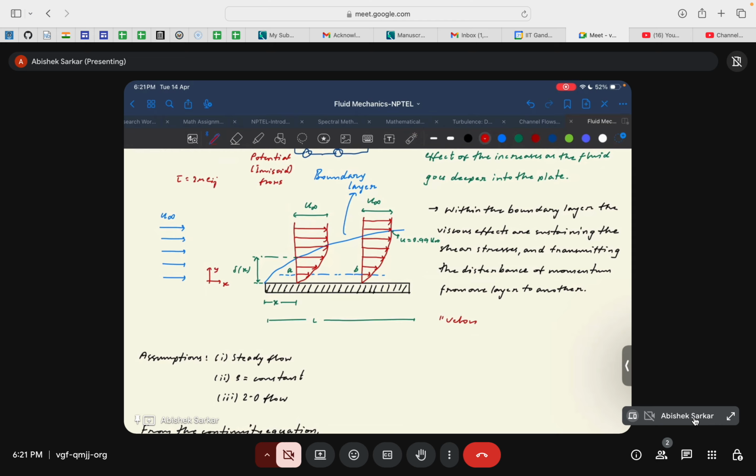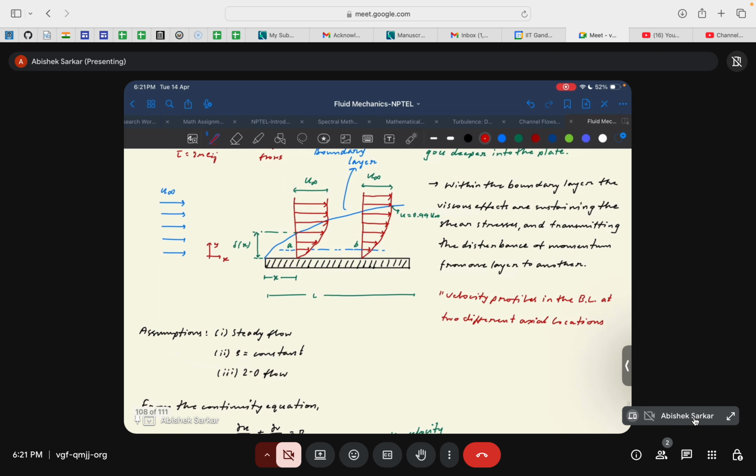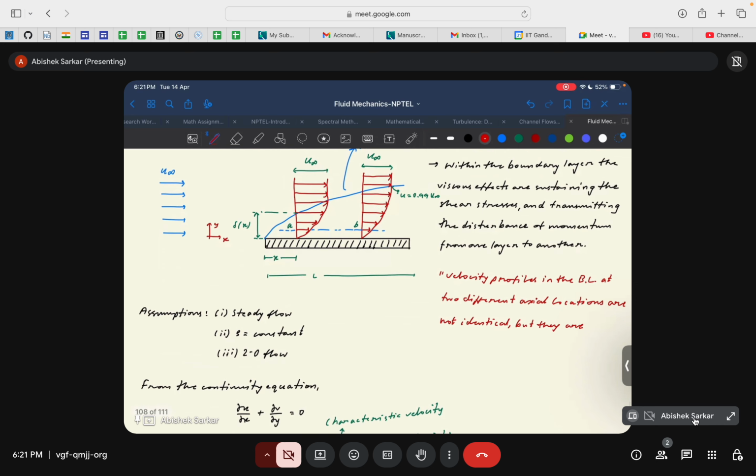Velocity profiles at two locations in the boundary layer, say BL, at two different axial locations are not identical, but they are similar.